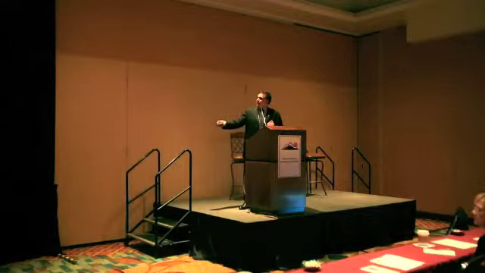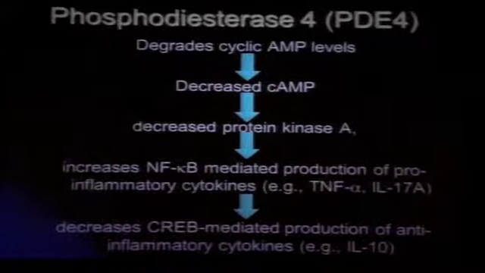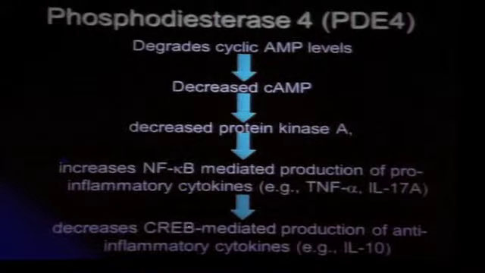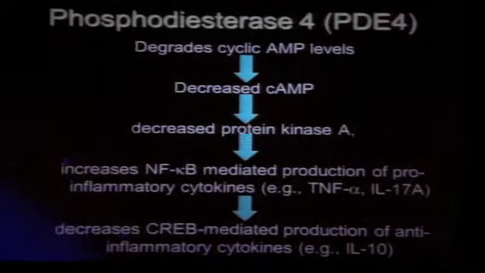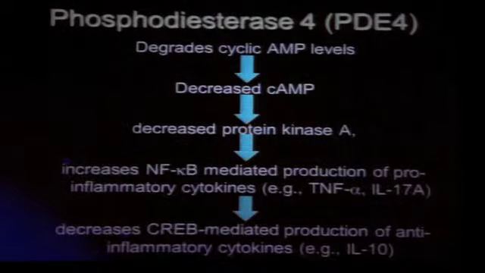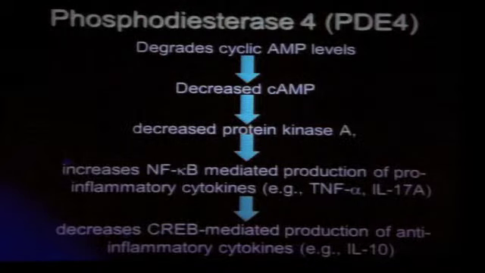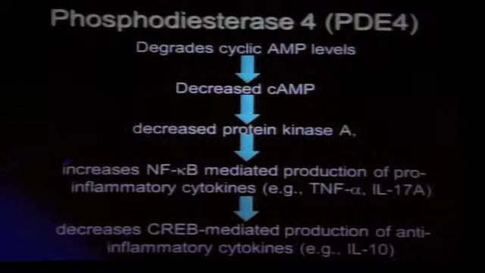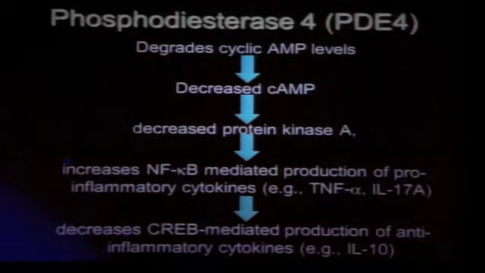You see downregulation of those cytokines, and then, of course, the CREB-mediated production of those anti-inflammatory proteins. This protein, by the way, is what distinguishes Apremilast from those older drugs that were thalidomide analogs. So it's important to recognize that Apremilast is not linked to thalidomide, doesn't work the same way, but it does have that impact on that same cytokine profile.